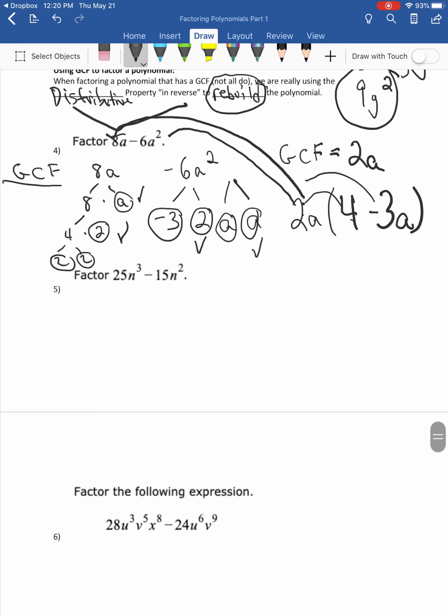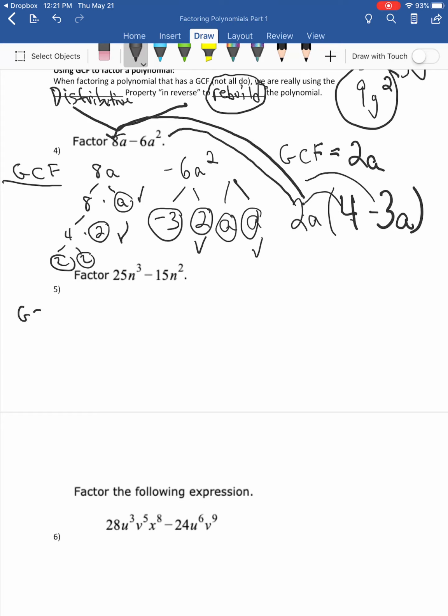All right, so we're going to factor 25n cubed minus 15n squared. Let's get that GCF, of course. Okay, and as you gain experience with this, you're not going to need to write out the factor trees. If you need to write them out, that's fine. If not, that's also fine.